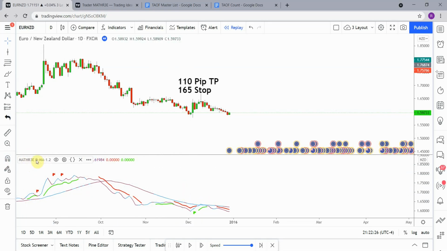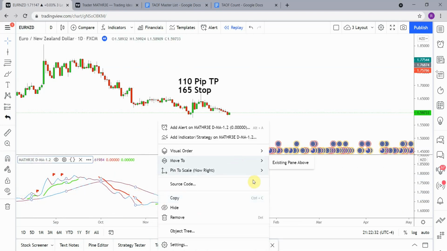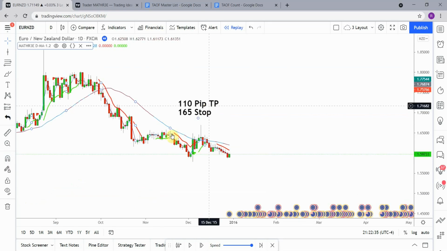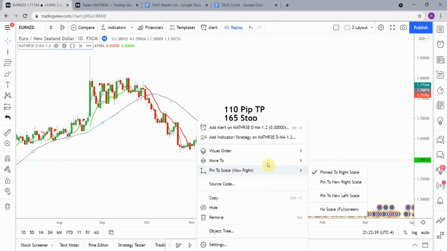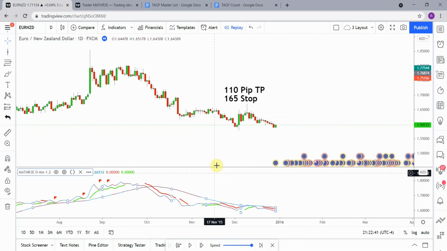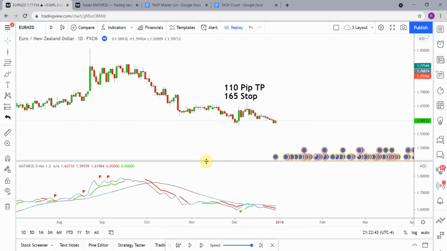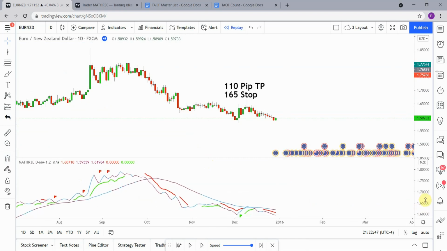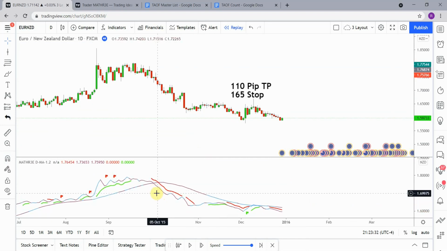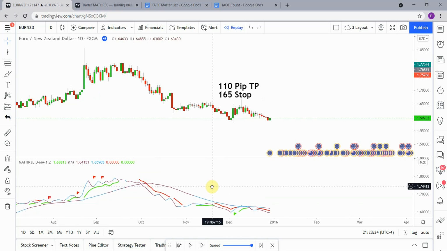You can see here on the bottom of the screen, I took it from being up in price action and moved it down to a pane below, just to make it a tad bit easier to see.